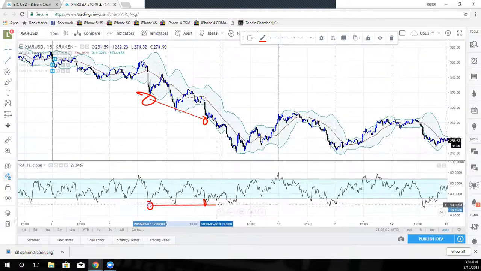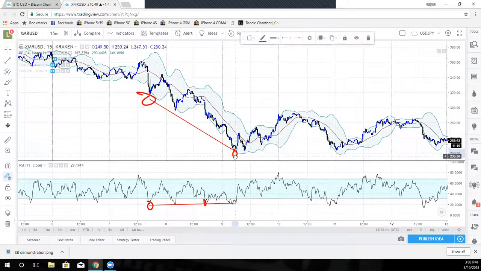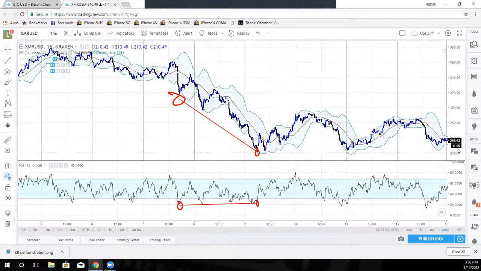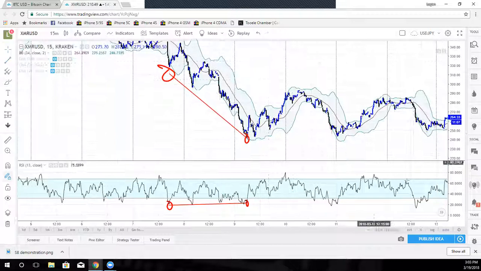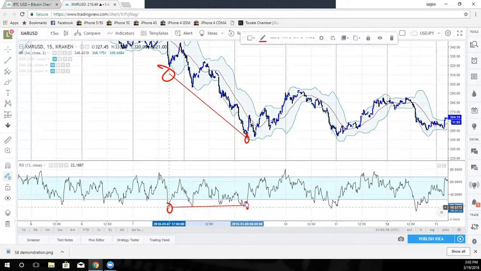Look, you can even set that to here. This is why you've got to be very careful about your entries. Let it play out. Don't trade cryptos unless you have a big account or you know what you're doing. Even if you know what you're doing, it's still a little rough.